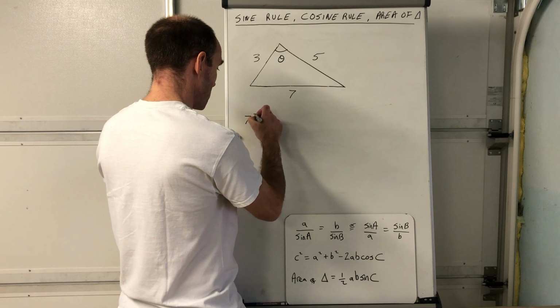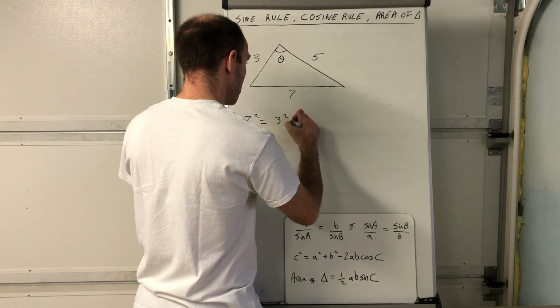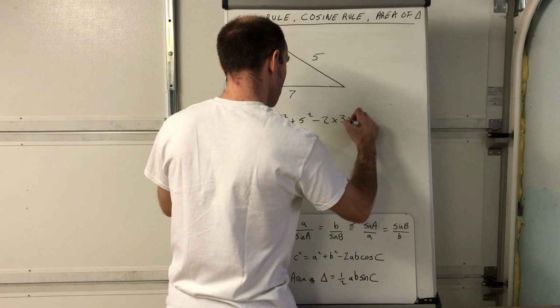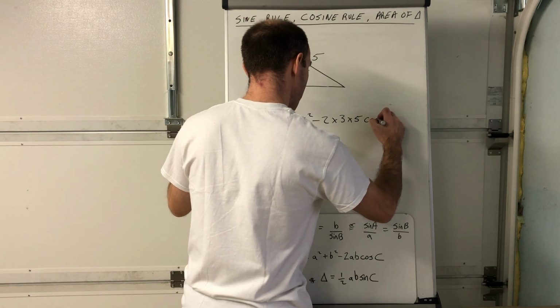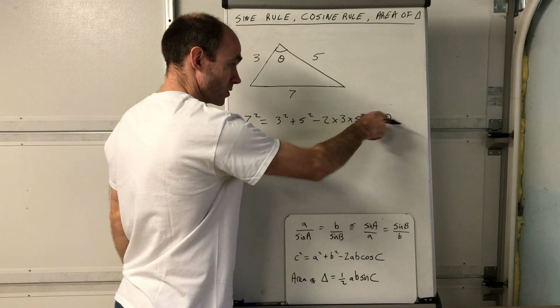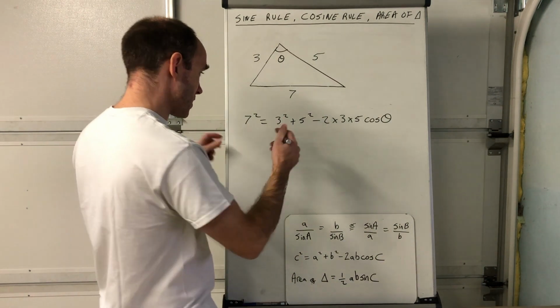So 7 squared is equal to, and then that squared plus that squared, 3 squared plus 5 squared, and then subtract 2 times 3 times 5, and then cosine of that angle, which I've marked as theta. So that's it. And our goal is to work out what cos theta is. To do that, it's best to simplify this as much as possible before you start rearranging.